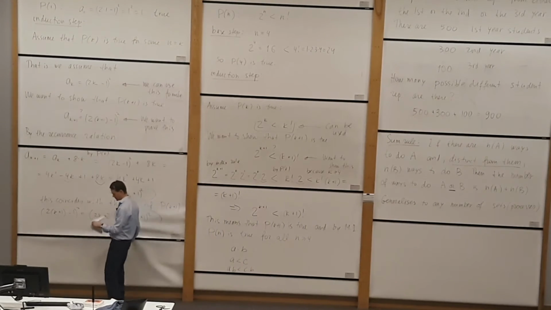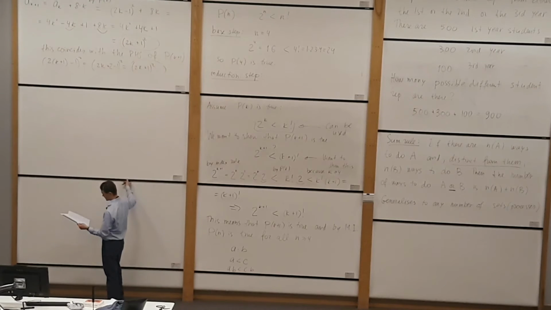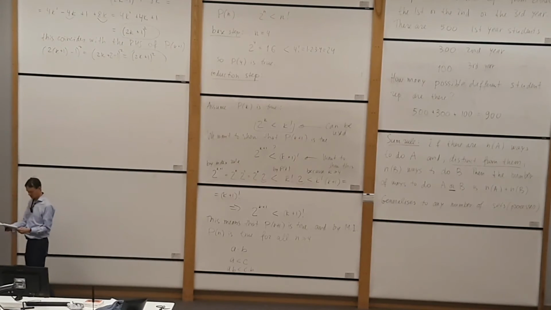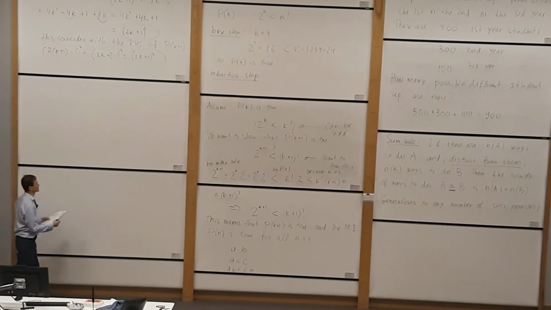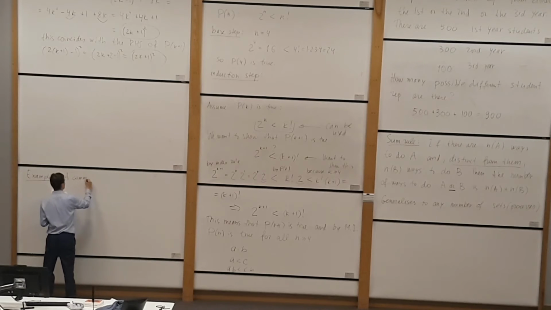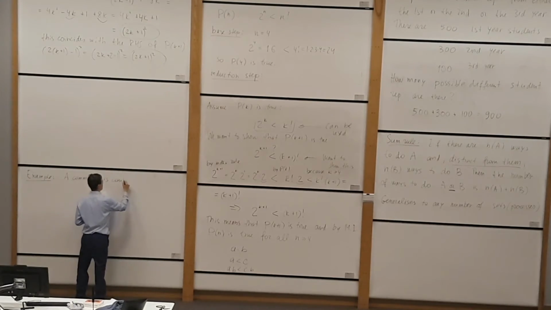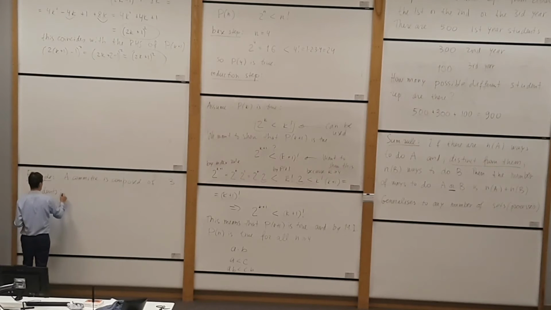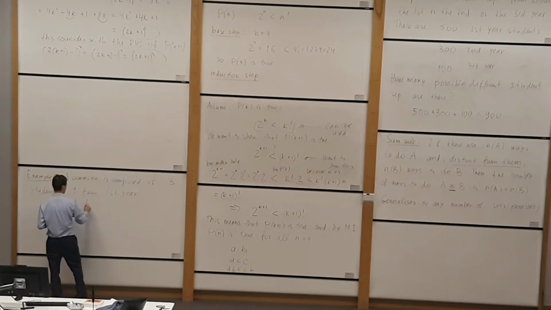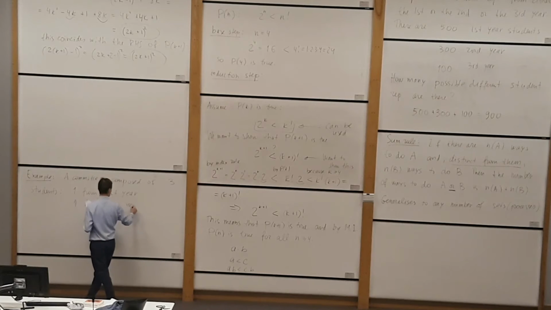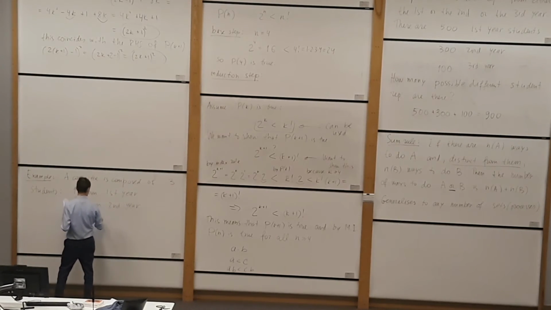Okay, let's look at another example. A committee is composed of 3 students, one from first year, one from second year, and one from third year.